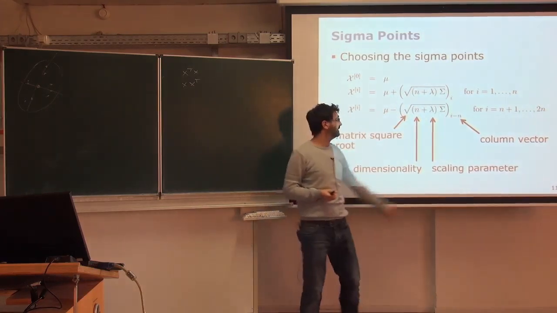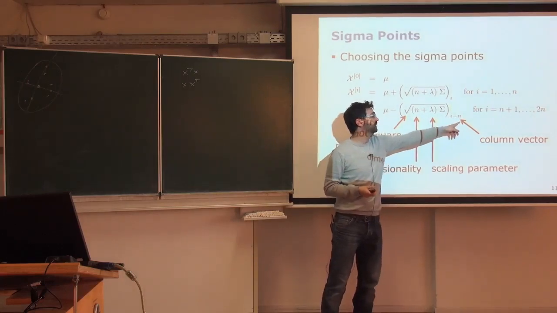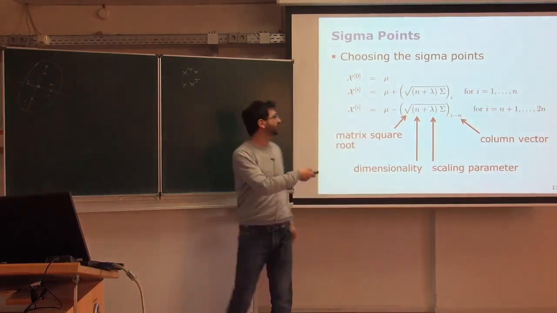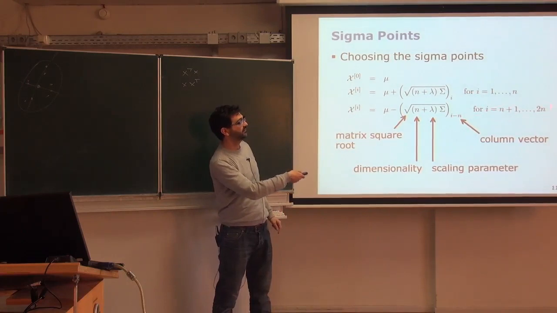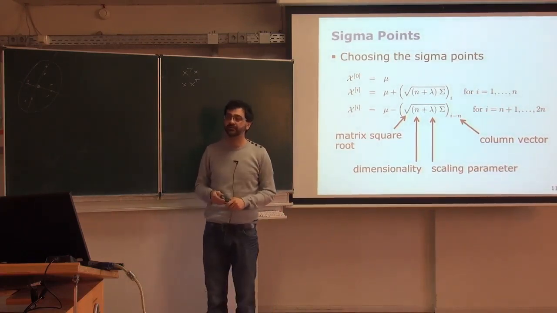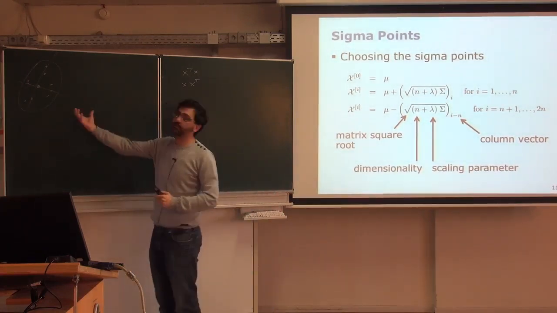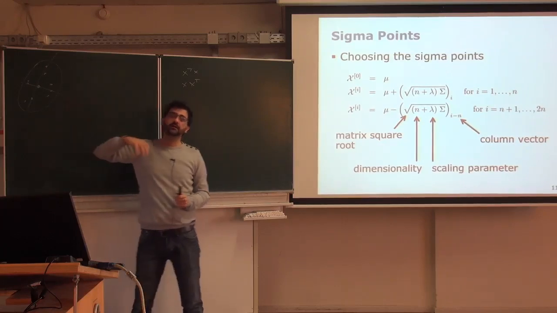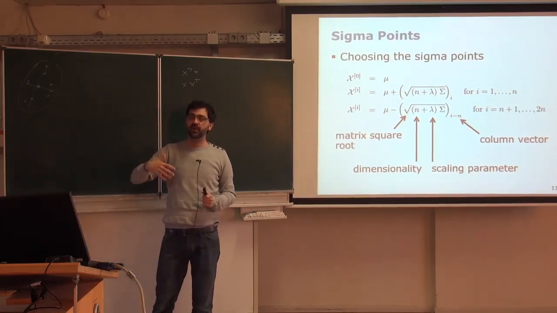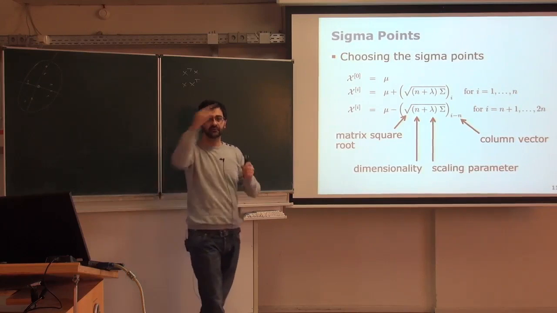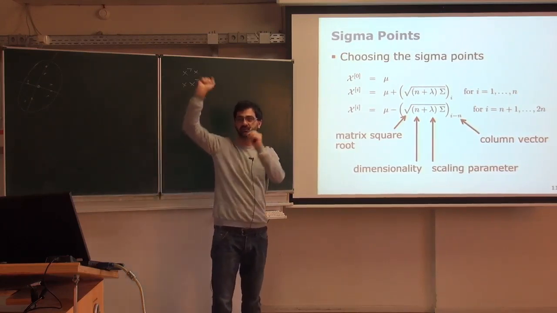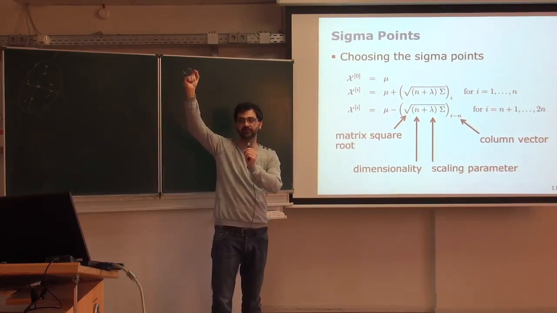And here i goes from 1 to n because you don't have more than n, and you have 2n sigma points. So the number of sigma points is normally 2 times the dimension plus 1, because you take the mean, and then for each dimension, you take the pair of symmetric points. Okay?